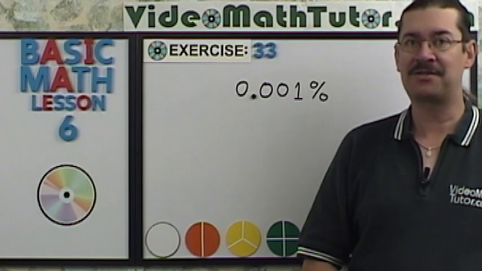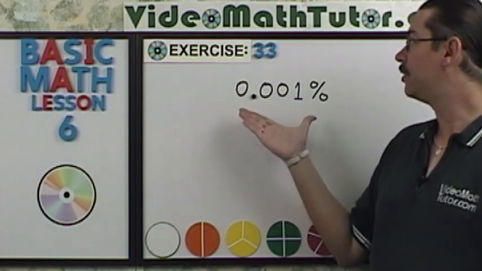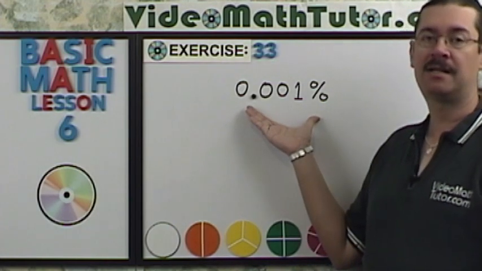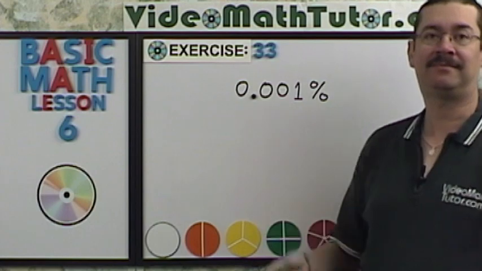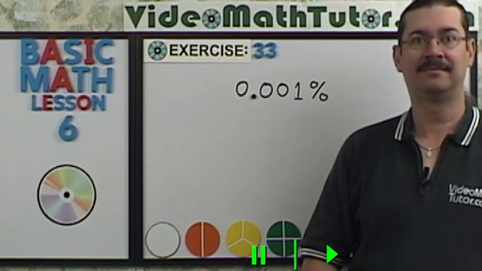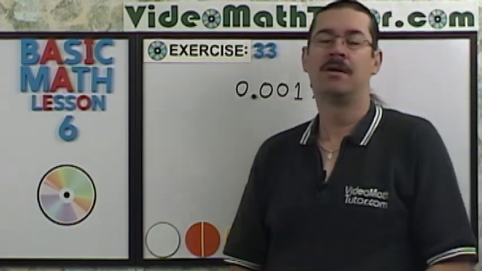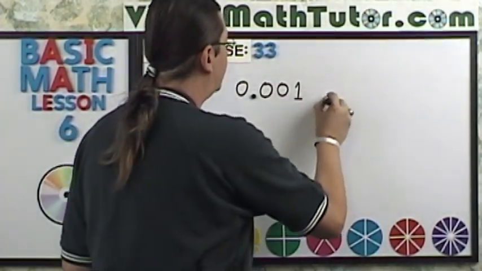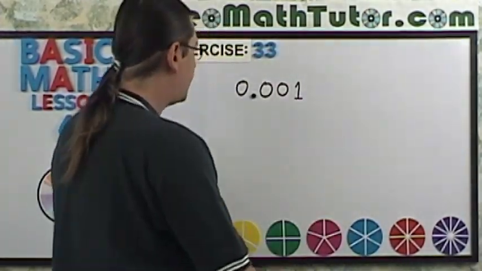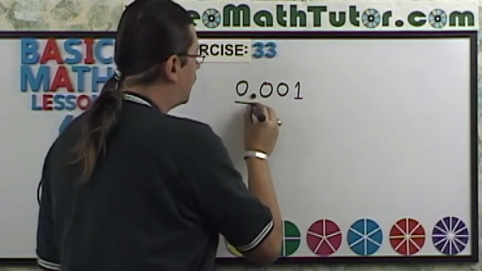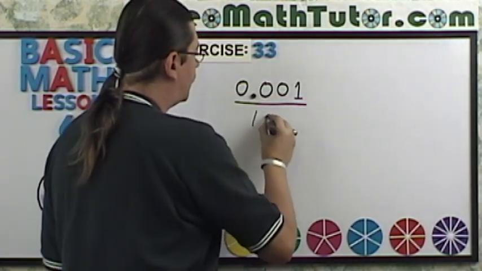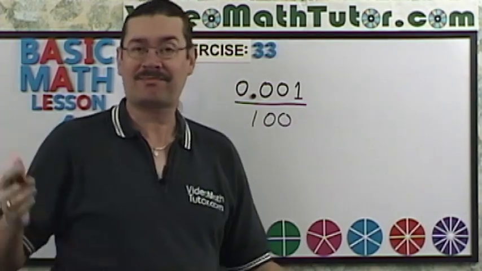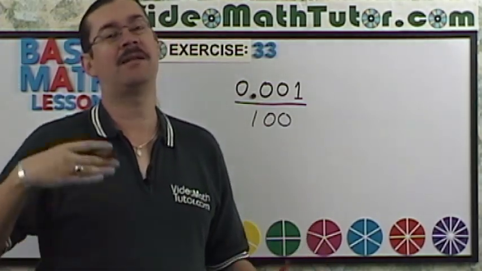For our last exercise of this video clip, I'd like you to convert this percentage into a common fraction. Well, first thing we need to do is get rid of the percent sign. So he's gone. Then we make this the numerator of a fraction that, by definition, we put over 100 because we had a percentage.